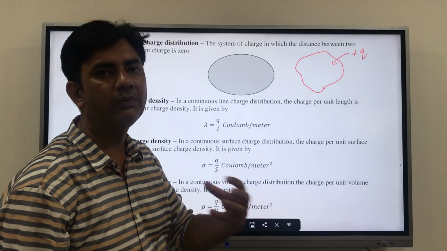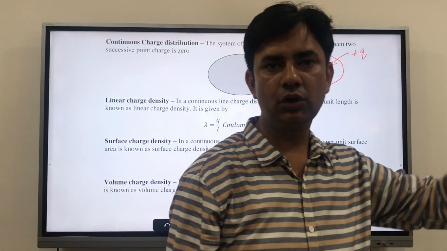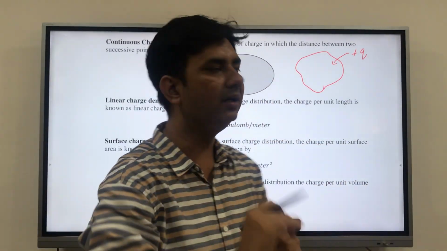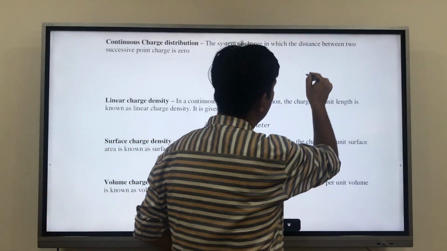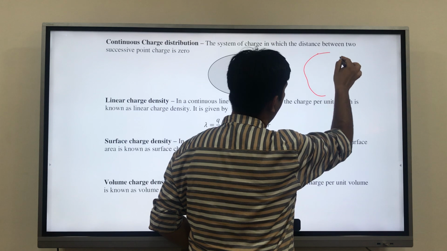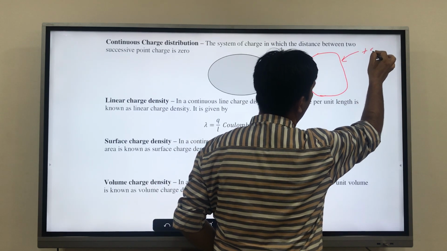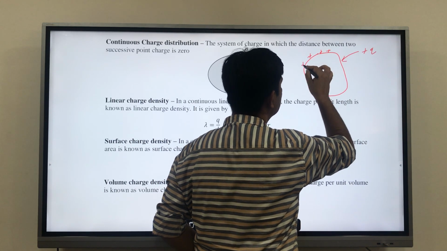What will happen? The same process will happen as in a rod: it will get equally distributed on its surface, and what we'll get is like this.